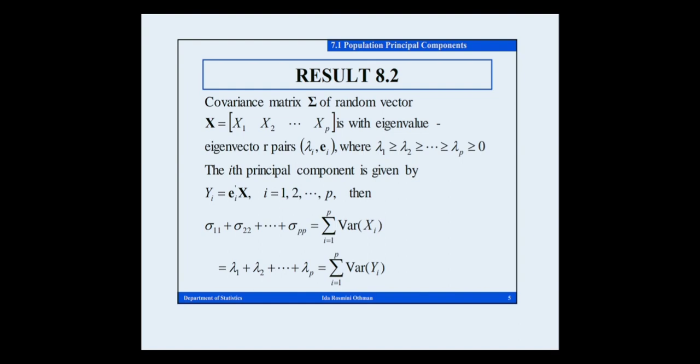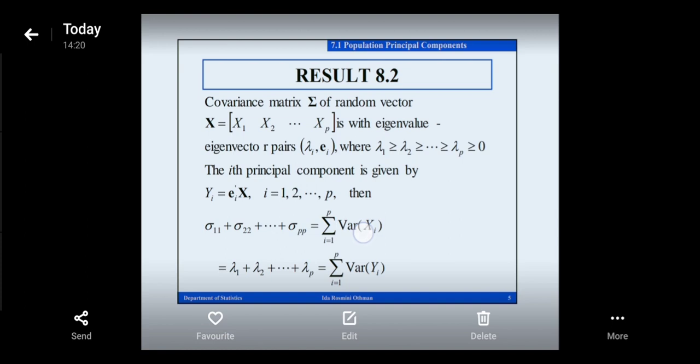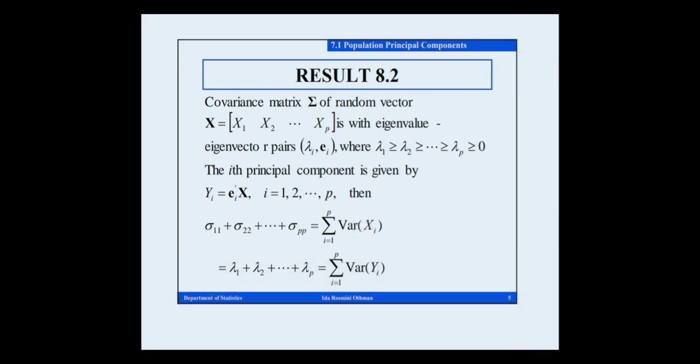So from that we also can know that the summation of variance of x, macam mana dapatkan variance of x ni? Daripada variance covariance matrix big sigma tu. Sigma 11, sigma 22, ini semua adalah daripada main diagonal from your big sigma matrix.